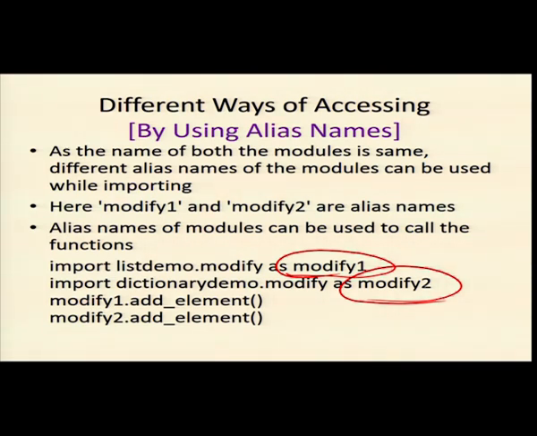Modify 1 dot add element is part of the list demo package. Modify 2 dot add element is part of the dictionary demo package. This is how we demarcate with alias names.